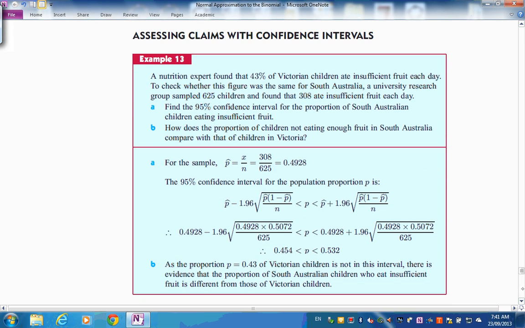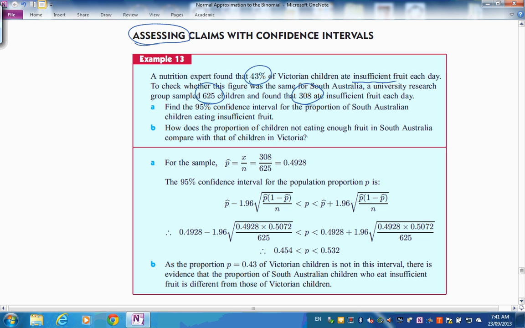Same as before with the means, testing claims. No, not testing, sorry. Testing is hypothesis testing. Assessing. A nutrition expert found that 43% of Victorian children ate insufficient fruit a day. To compare with South Australia, they sampled 625 and 308 ate insufficient fruit.